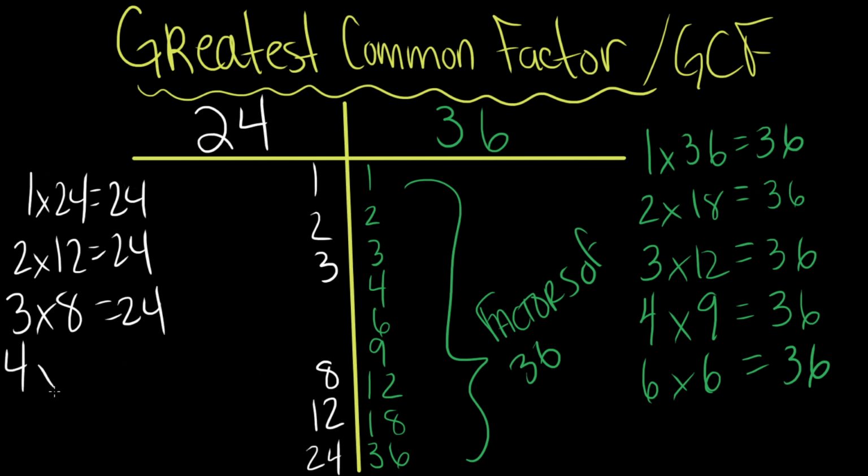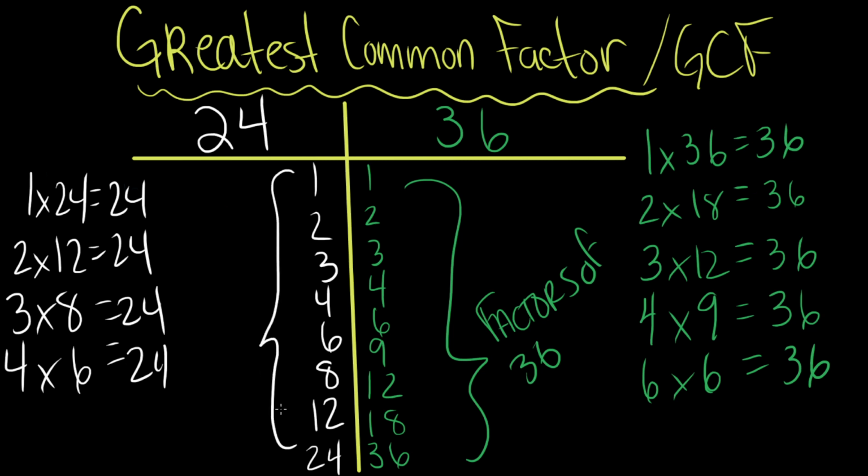We have 4 times 6 is 24, so we have 4 and 6. This one also has a lot of factors. Those are the factors of 24.